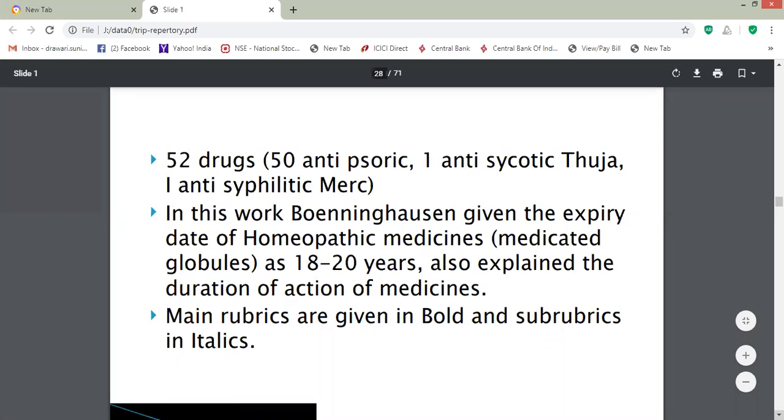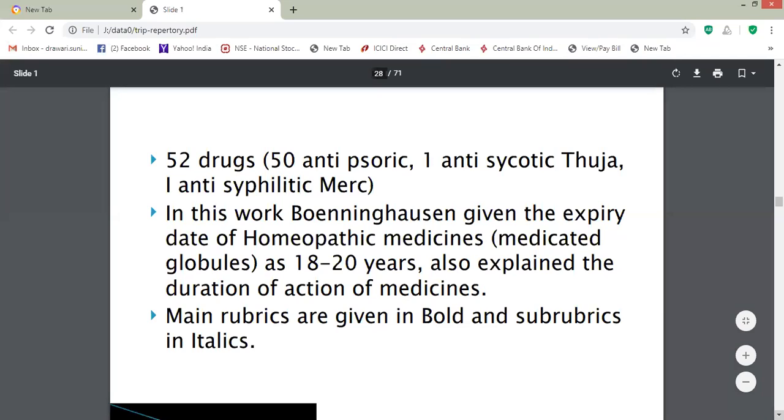In this work, Dr. Boenninghausen gave the expiry date of homeopathic medicines, medicated globules, as 18 to 20 years. He also explained the duration of action of medicines.